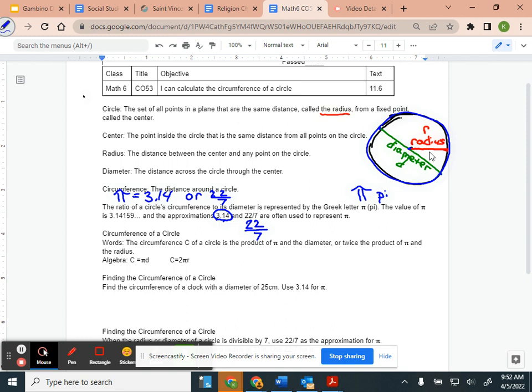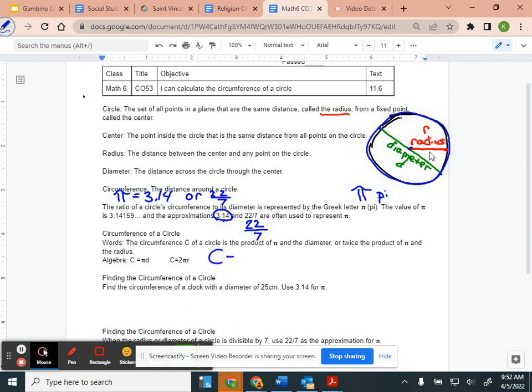All right, so finding the circumference of a circle. The circumference C of a circle is the product. What does it mean if we're doing a product? Multiplying. Of pi and the diameter, or twice the product of pi and the radius.